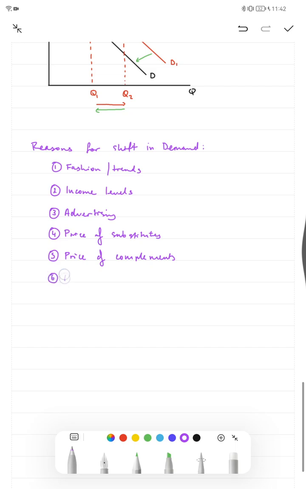And you can have demographic changes. So if we were to look at demographic changes, the age of people could change the demand for products in your country.